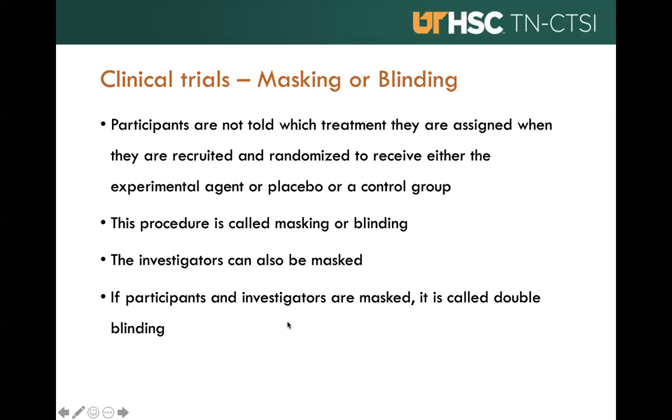Sometimes a person who assigned the participants into the two groups, the treatment and the control or placebo arm, is not involved in statistical analysis or interpretation of the result, at least until after the study has been completed.